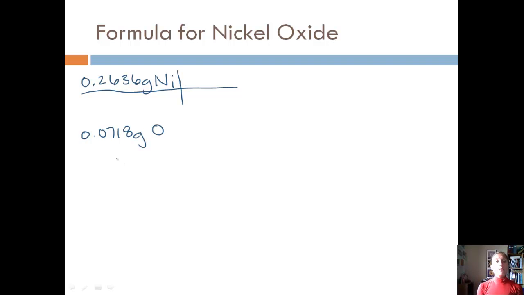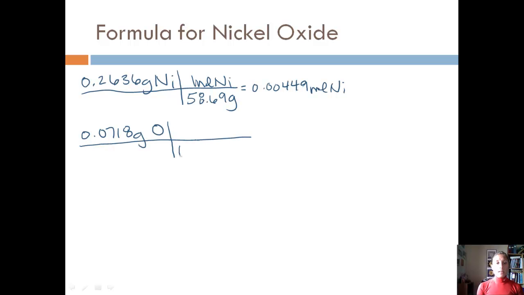Now we need to convert to moles, and so we're going to use atomic mass in order to do that, because that's going to relate grams to moles. For nickel, our atomic mass, based on the periodic table, is 58.69 grams in 1 mole of nickel. And if we divide that out, we end up with 0.00449 moles of nickel.